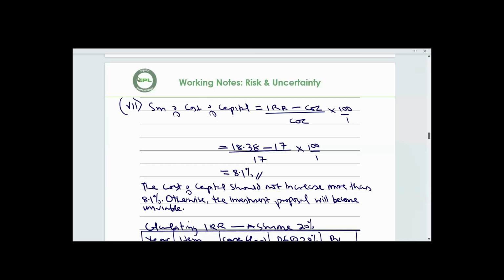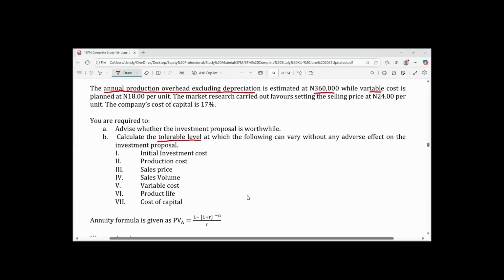Let's go to simulation quickly. I will stop sharing this and then move to simulation in the study material. So we have two more to go. After simulation, we have decision tree. Last diet, question number 2, I think.